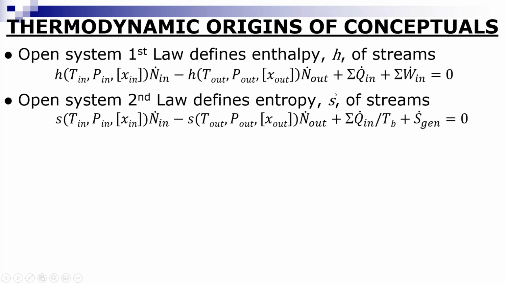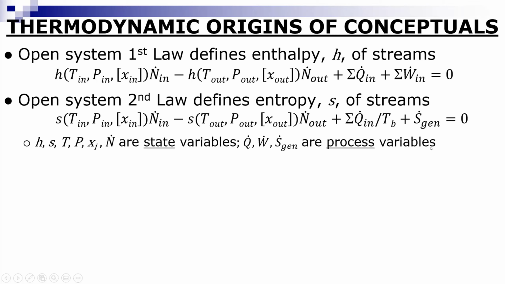The open system second law defines the entropy of the streams, and this is the same thing. The entropy coming in, the entropy going out, the heat, and in this case, to get to entropy, you divide each of the rate of heats by the temperature at which the heat crosses the boundary, plus the term we call the entropy generation.